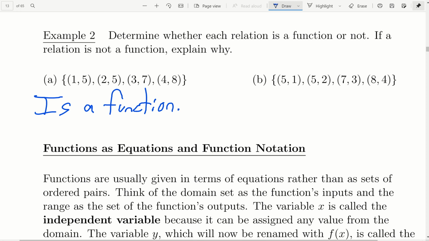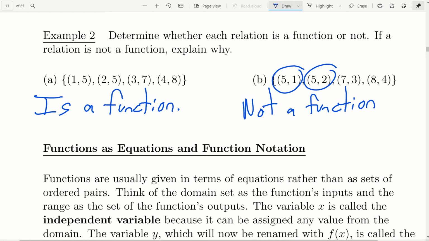Okay. If we look at the relation in part B, we have (5, 1), (5, 2), (7, 3), and (8, 4). Because of these first two ordered pairs, this is not going to be a function. The reason why this is not a function is we have a value in the domain, namely the value 5, that is associating to more than one value in the range.